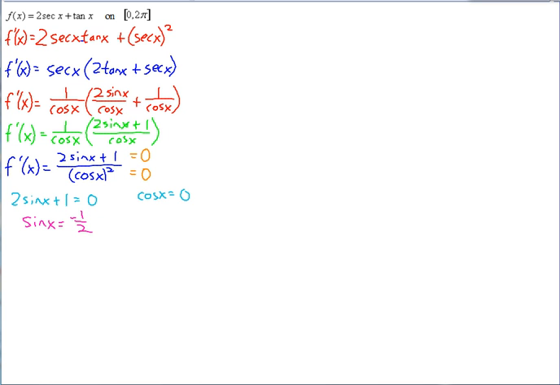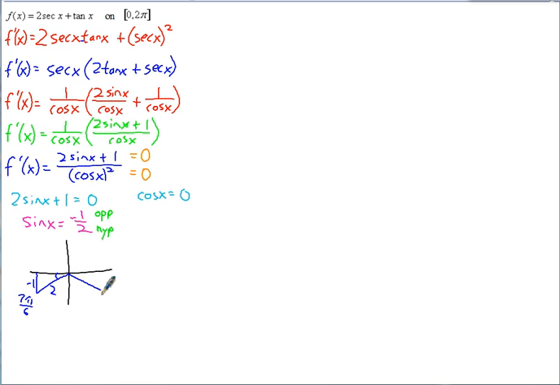So remember, sine is the opposite over the hypotenuse. So let's try to figure out where that would be on the interval from 0 to 2 pi. So the hypotenuse is always positive here, so the opposite would have to be negative 1. So that would be right down here, minus 2. And that's an angle of pi over 6 in there. This is pi, which is 6 pi over 6, so this would be 7 pi over 6.